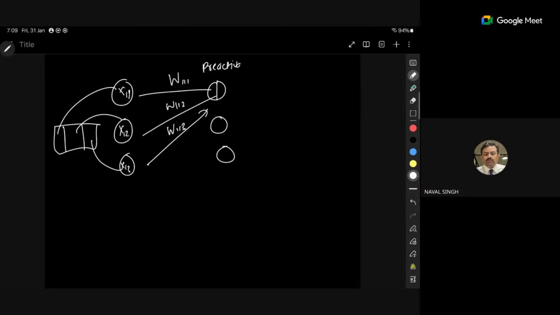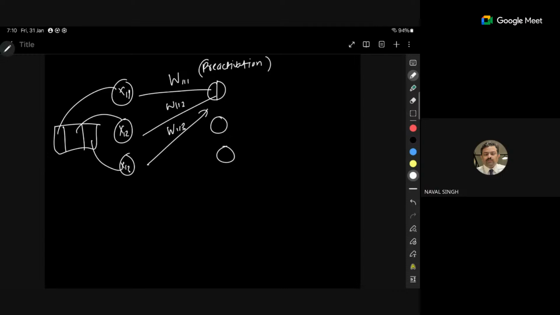On top of that you provide some function, because we want a non-linear function. Otherwise it would just be a linear function, some addition of the inputs, and we don't want that.